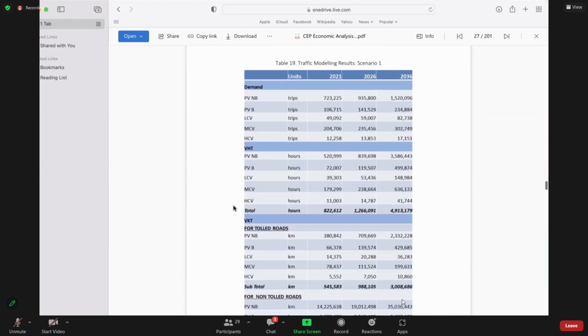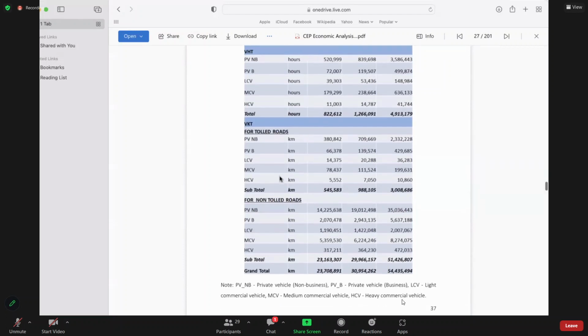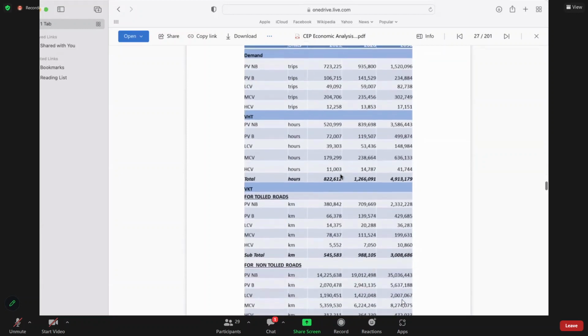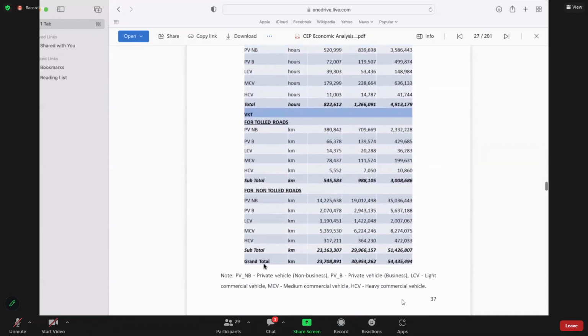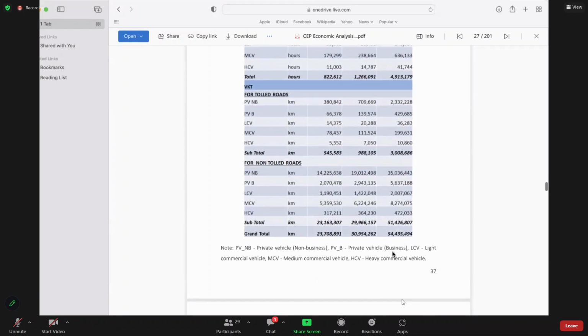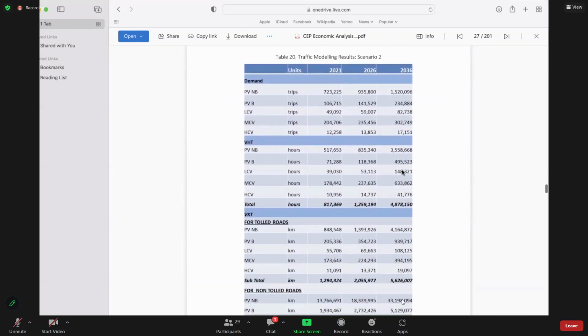So for each of the different scenarios, you have to forecast what the impacts will be. So the amount of traffic is modeled, based on different vehicle types: private vehicles, business vehicles, light commercial vehicles, heavy vehicles.